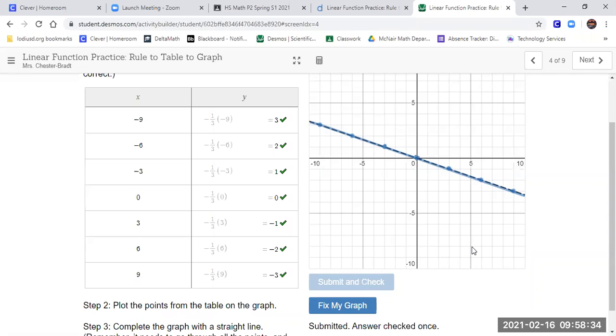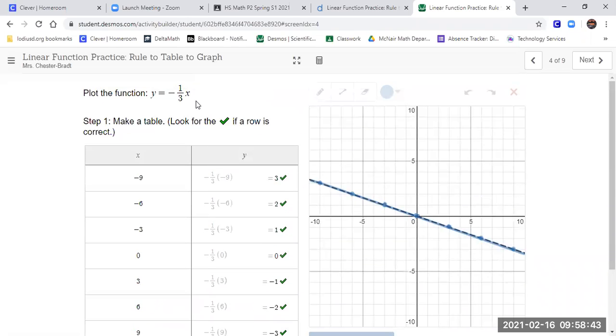If I had chosen x of 1 and I put it into my rule that they gave me, what would I have gotten?